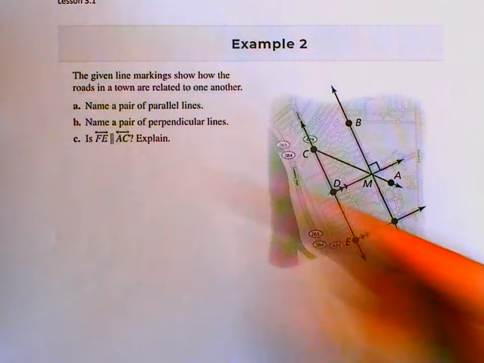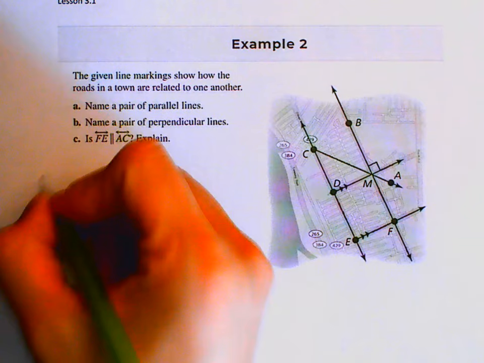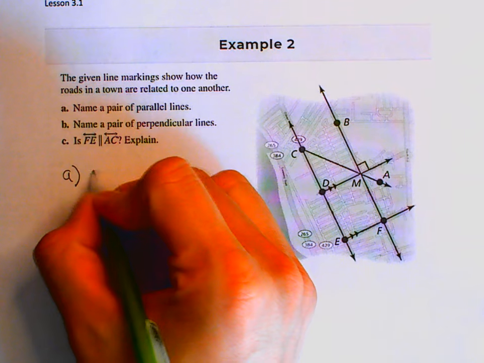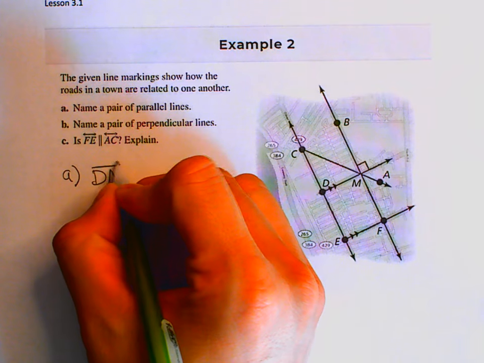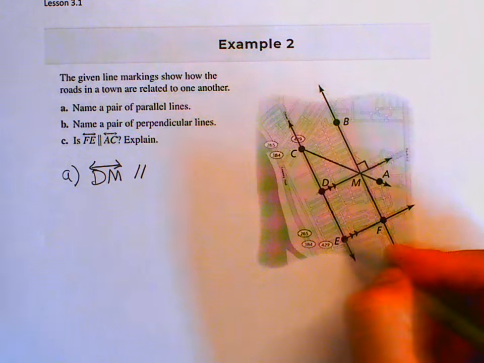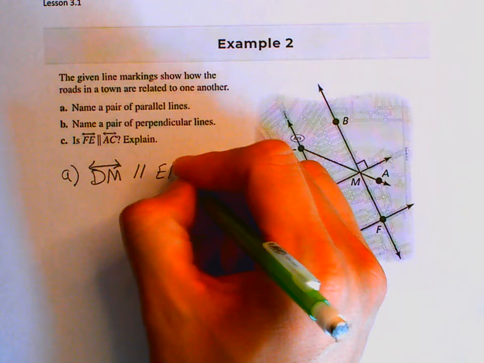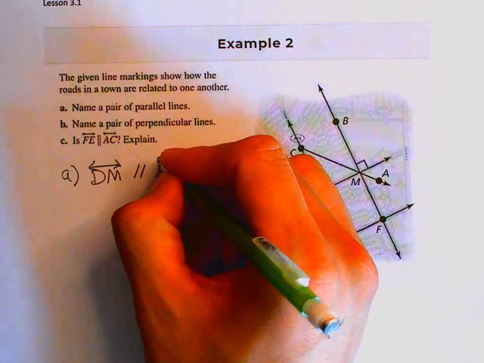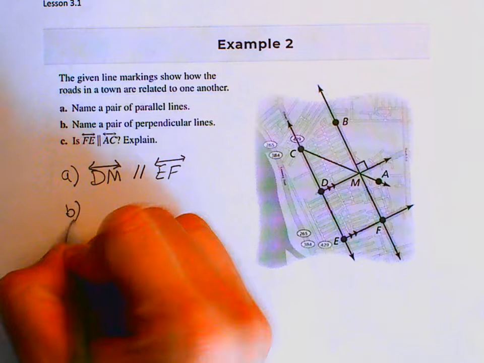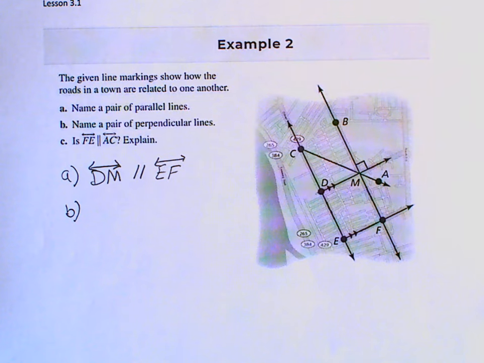Now, if you look at these symbols right here, you can see that those symbols are telling me that those 2 lines are parallel. So the lines that are parallel are lines DM, and that's parallel to line EF. So only those 2 are parallel. Now for B, name a pair of perpendicular lines.